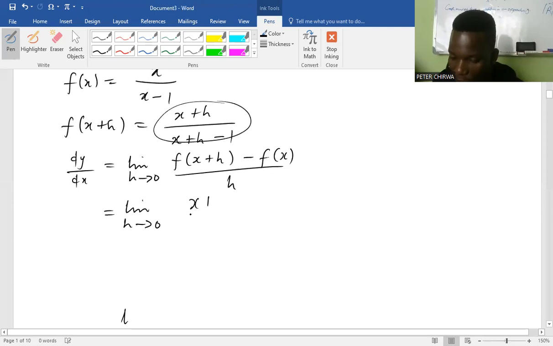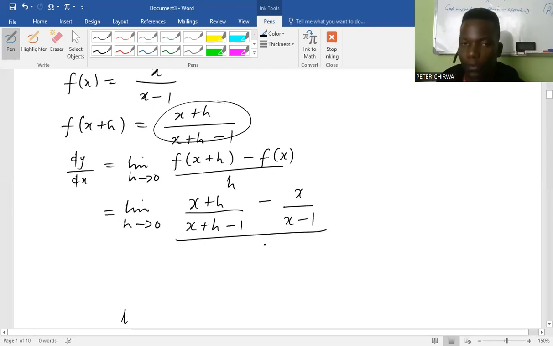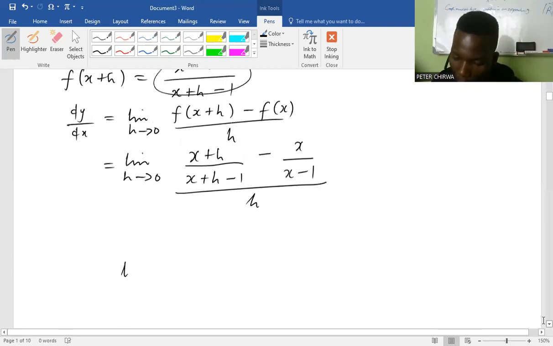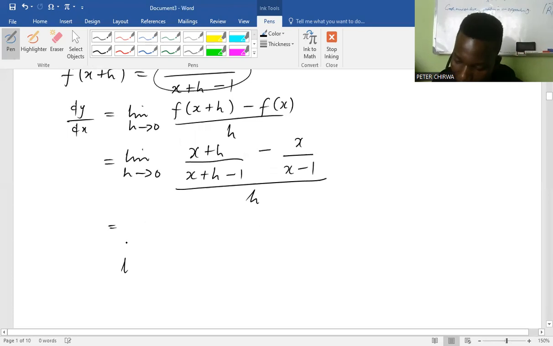So we have x plus h over x plus h minus 1 minus f of x, which is x over x minus 1. And then the whole lot of this is over h, like that. We go on to simplifying this one.